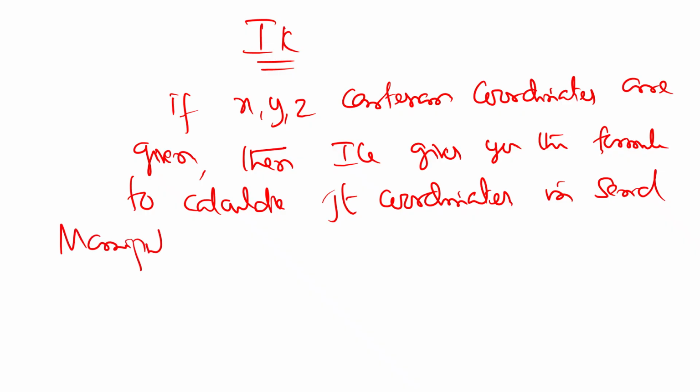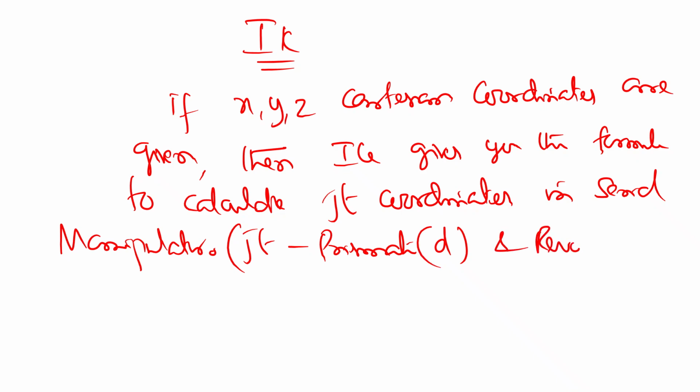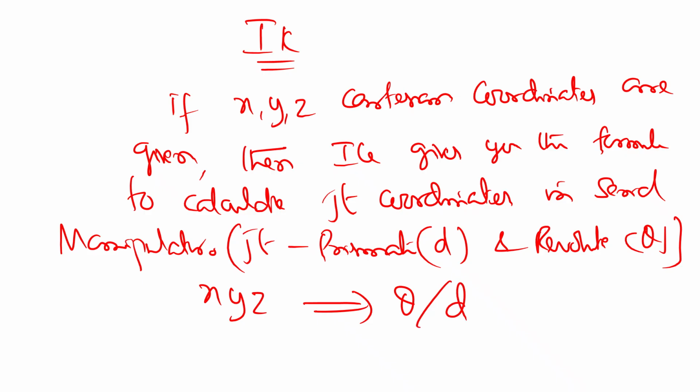In a serial manipulator, the joints are prismatic, where the variable is d, and revolute, where it is theta. So if x, y, z are given, that will be used to find theta or d. This is called inverse kinematics.